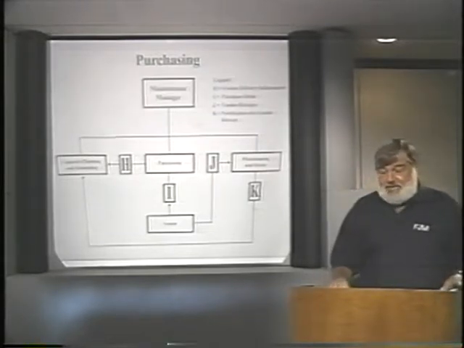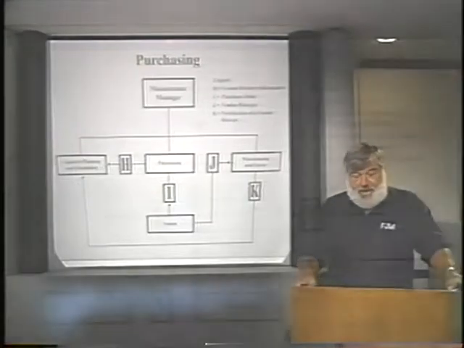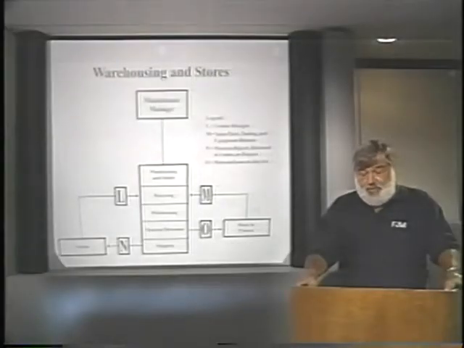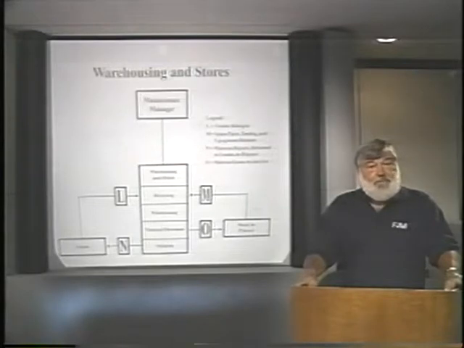And the last exhibit in this section pertains to warehousing and stores. And if you look at that very large, elongated box in the center of the page, that merely demonstrates the different activities that are involved with the storeroom and how material is received from the vendor.